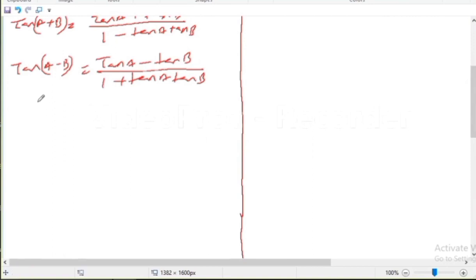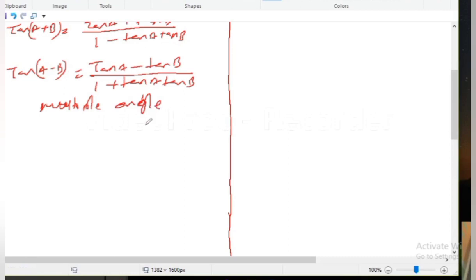Now let's consider the multiple angle. Like if you have 60, it is an example of multiple angle, like 2 times 30. So you can have 120, which is double 60.